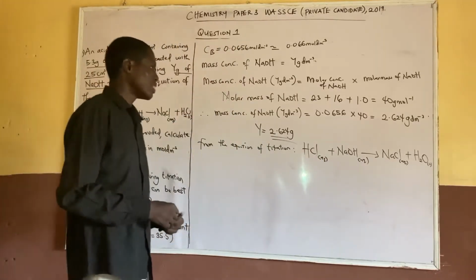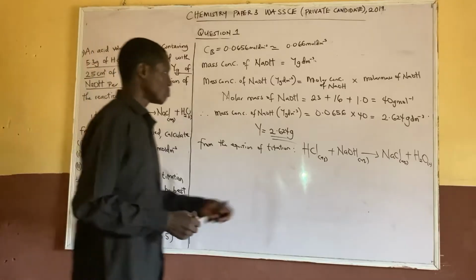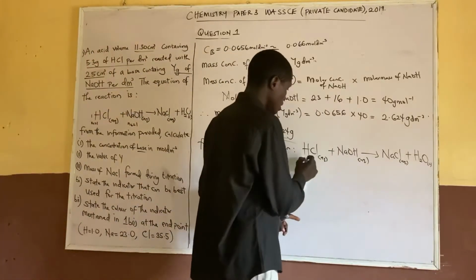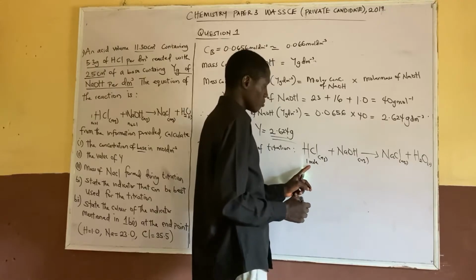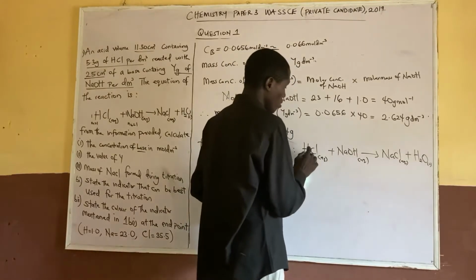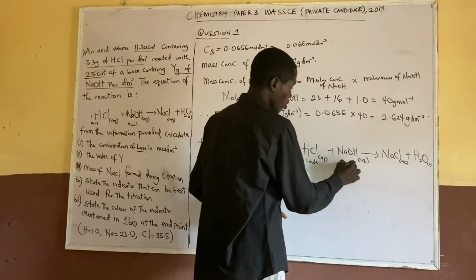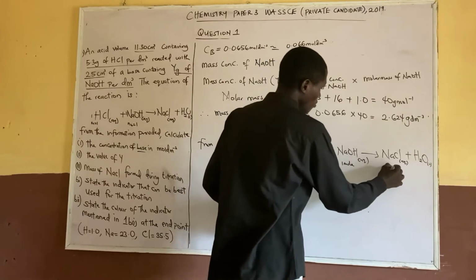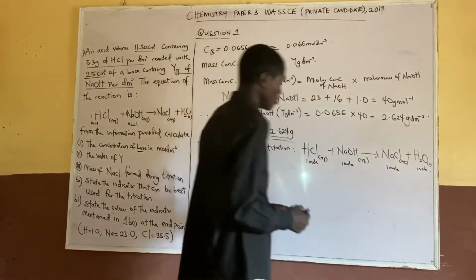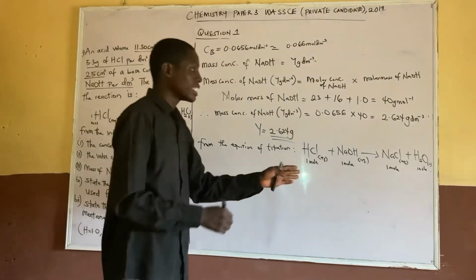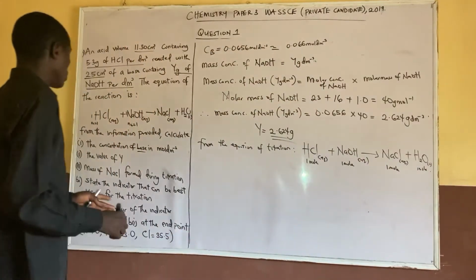So how do you go about that? In this titration, 1 mole of HCl reacts with 1 mole of sodium hydroxide to give 1 mole of sodium chloride and 1 mole of water. So they react in the ratio 1 to 1.